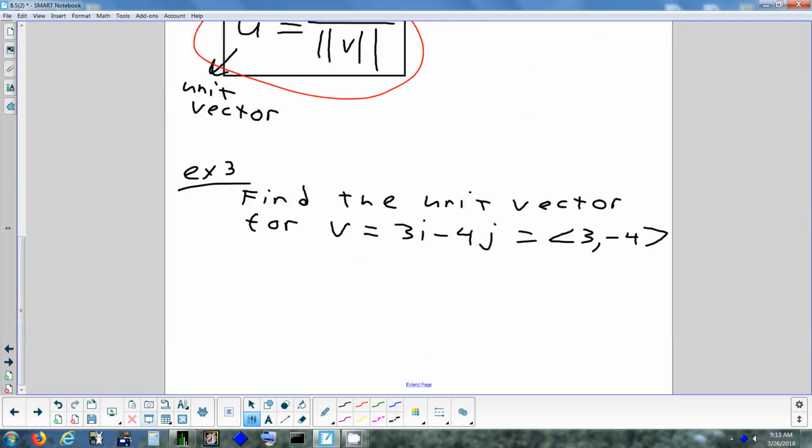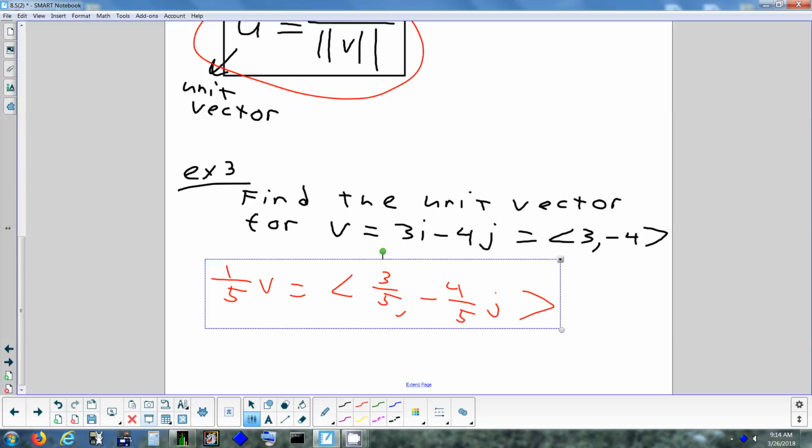Yeah, you'd scale it by 1/5. So you end up with 3/5 and negative 4/5. The only difference between this problem and the quick example I showed you earlier is that it's in a different quadrant. That's why one of them is negative. Okay, so any questions on how I figured out the magnitude was 5, why I scaled it by 1/5, and how I got 3/5 and negative 4/5?